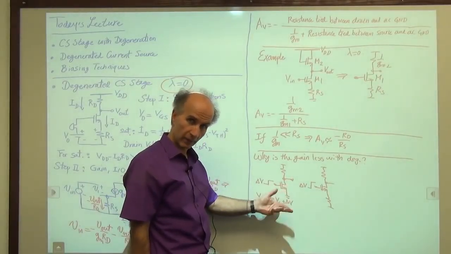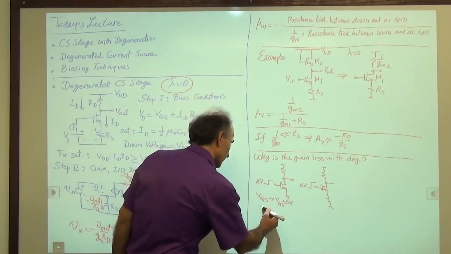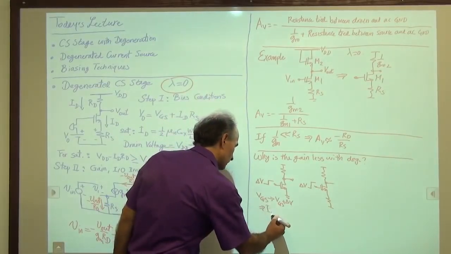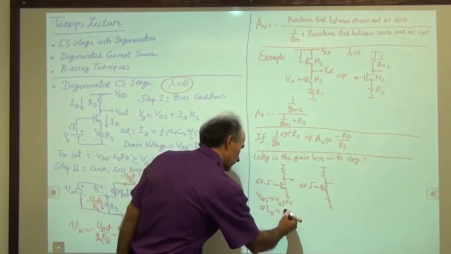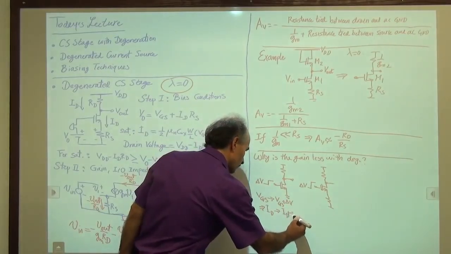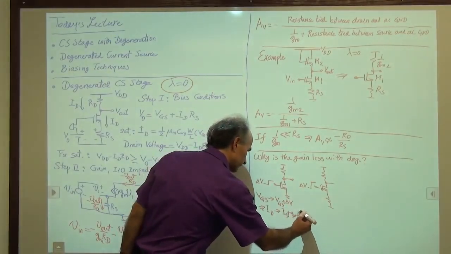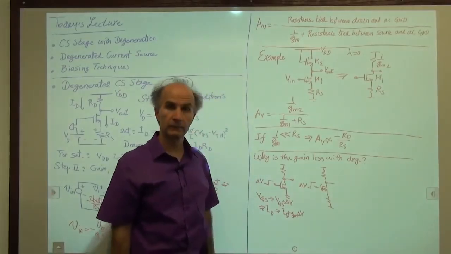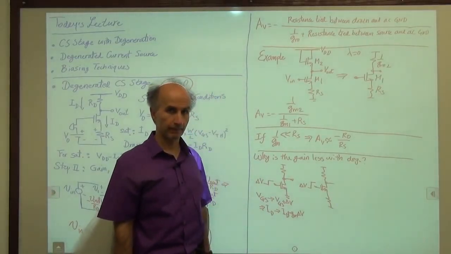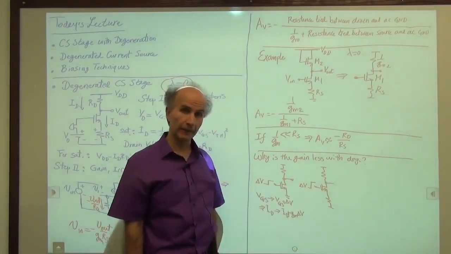GM times delta V, right? So that means that ID goes to ID plus GM delta V.